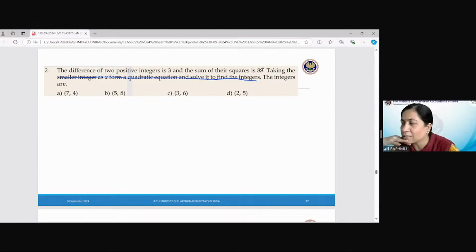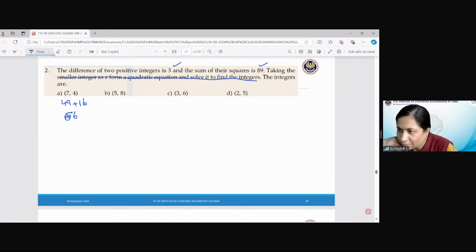Sum of the squares is 89. So condition 1 is met. Now let us see condition 2. This is 49 plus 16, which is 65. Sorry, 66.